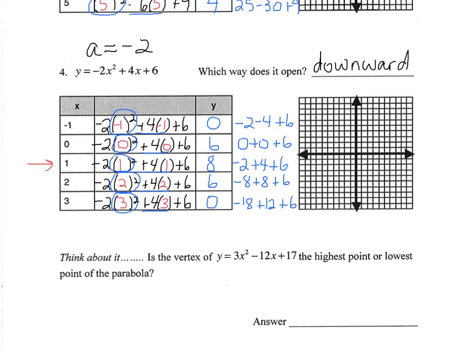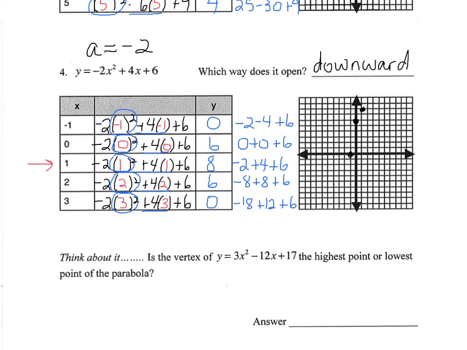Let's plot the point negative 1, 0. Go to the left 1 and stay there. And then let's plot the point 0, 6. Start at 0, 0, go up 6. One, 8. Go to the right 1 and up 8. Two, 6.